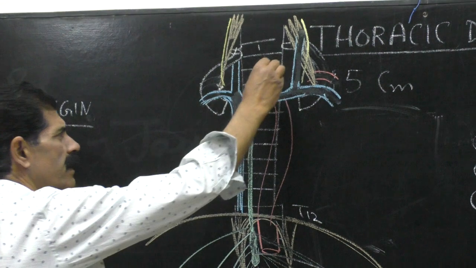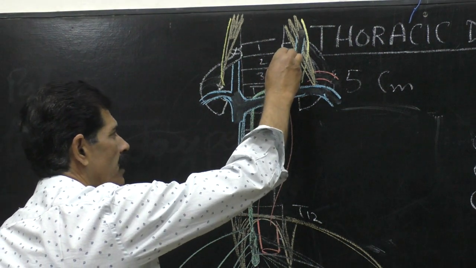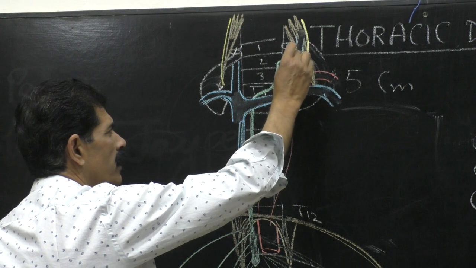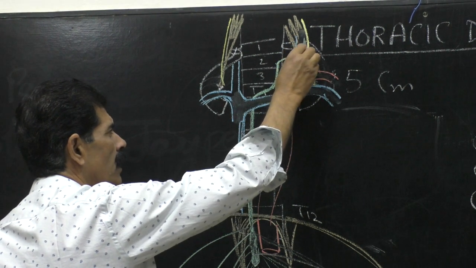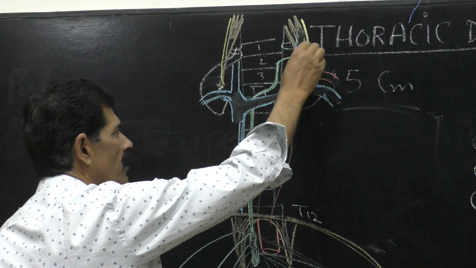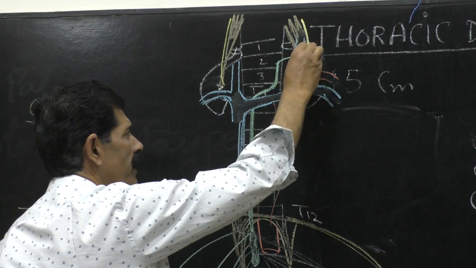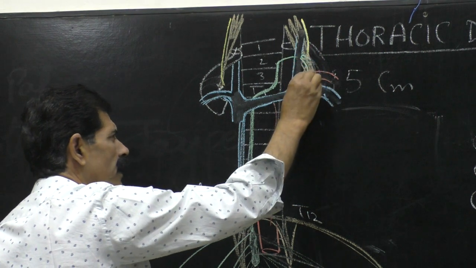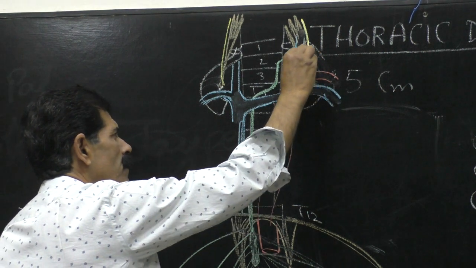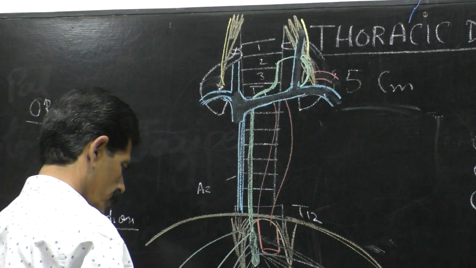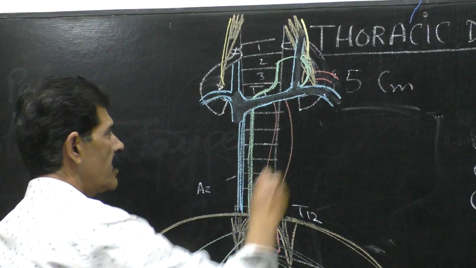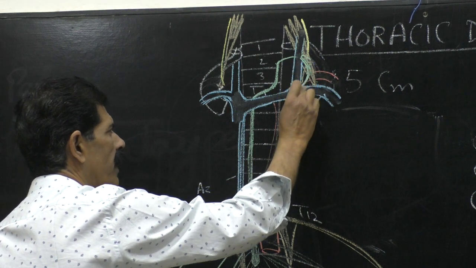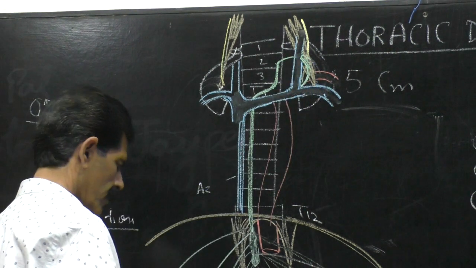Superior vena cava is formed like this. So this thoracic duct turns to the left side behind the subclavian and internal jugular veins, anterior to the scalenus anterior muscle and phrenic nerve, and it opens into the junction between the left internal jugular vein and the left subclavian vein.